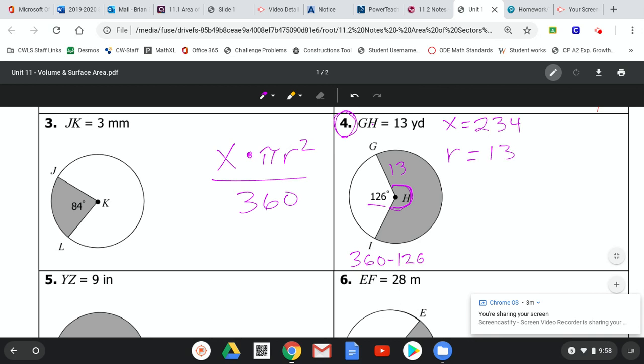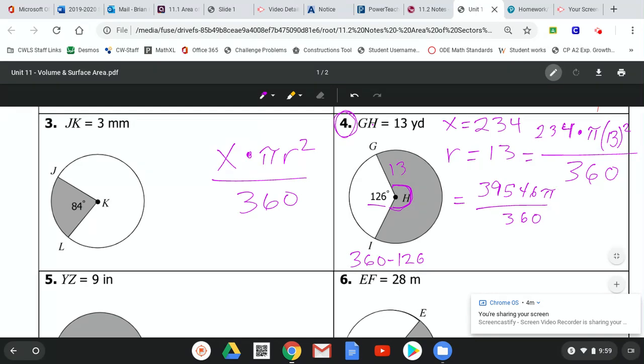So then we plug that in our formula. So we do 234 times pi times 13 squared divided by 360. Just plugging and chugging in our formula. Once we do that, I'm going to simplify it down again just like I did the last one, and we should get 39,546 pi divided by 360.